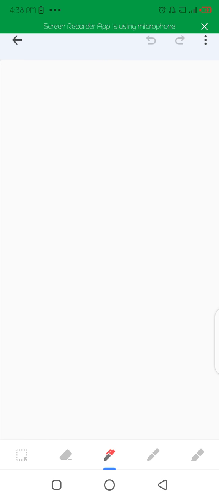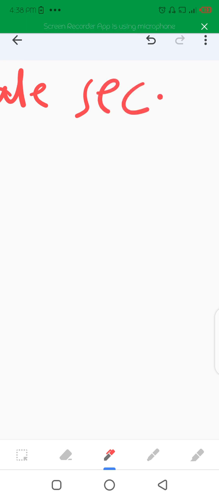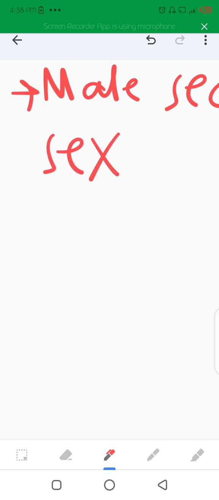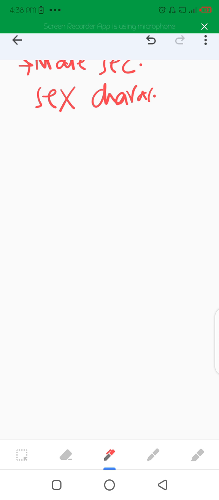Another function of testosterone is to maintain the male secondary sex characteristics, like the beard and the heavy voice. And it maintains the accessory glands and organs in the male reproductive system.